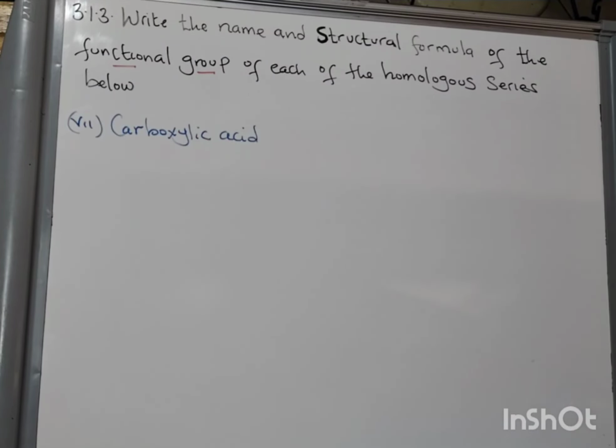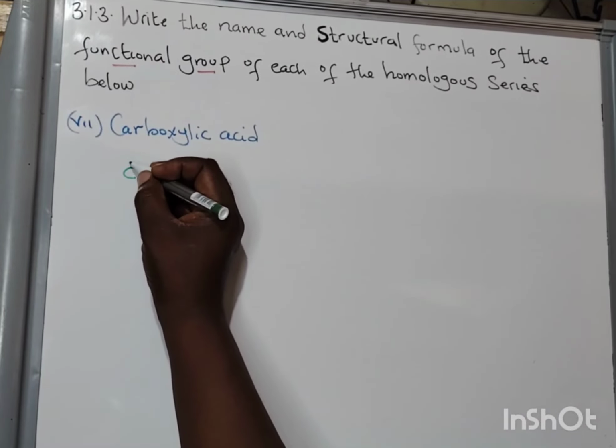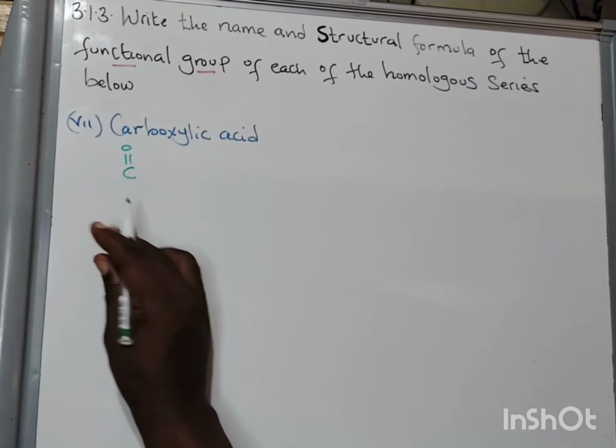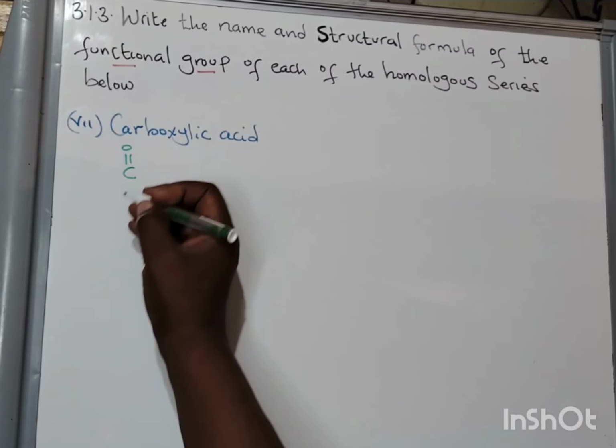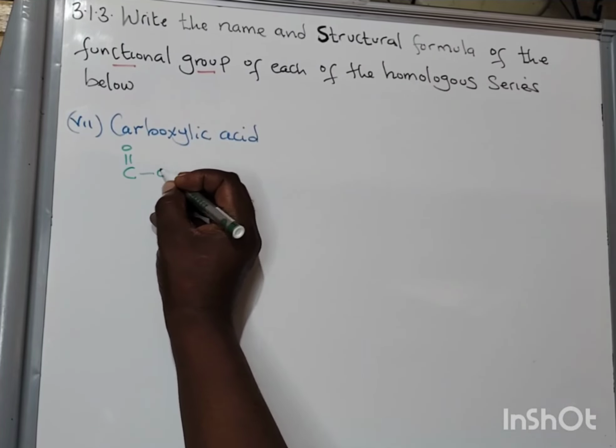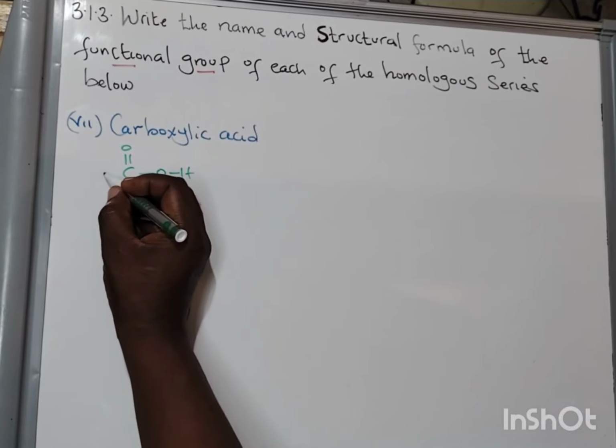Yeah, next is carboxylic acid. So what is the functional group? What is the structural formula of the functional group of carboxylic acid? It is a carbon atom attached to oxygen by a double bond, so it's a carbonyl but attached to hydroxyl group.